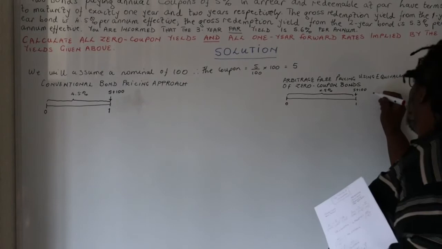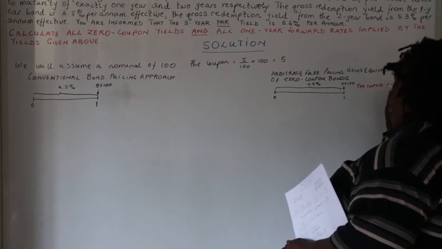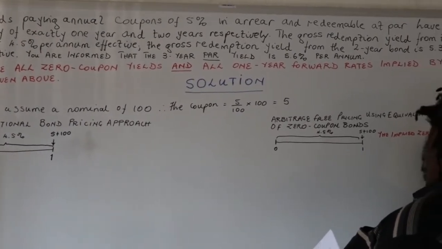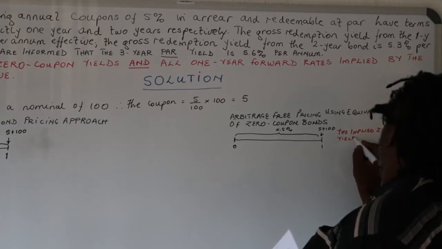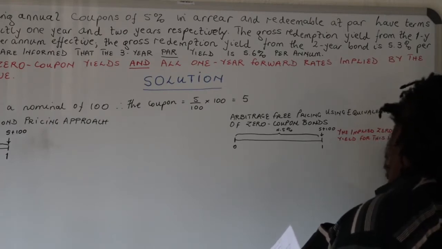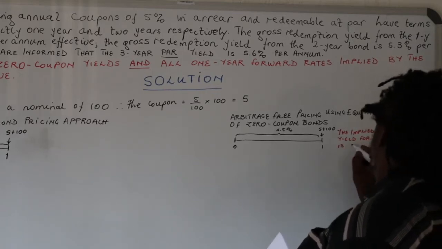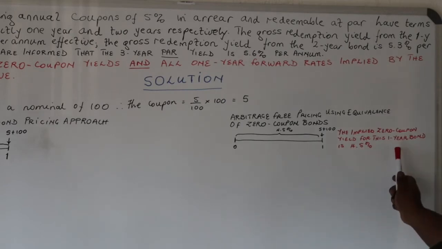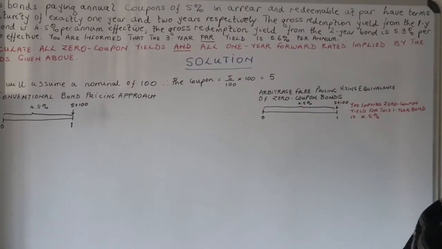So here, the implied zero coupon yield for this 1 year bond is 4.5%, and you do not need to calculate this because it is obvious from the question that this remains 4.5%.